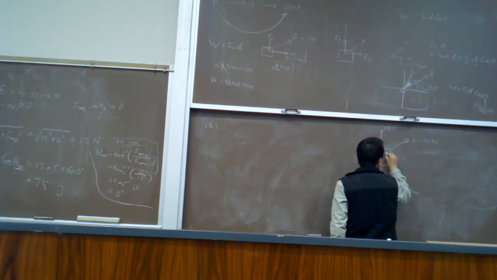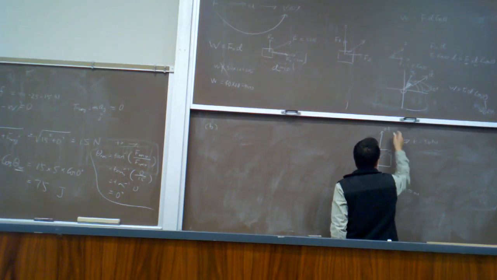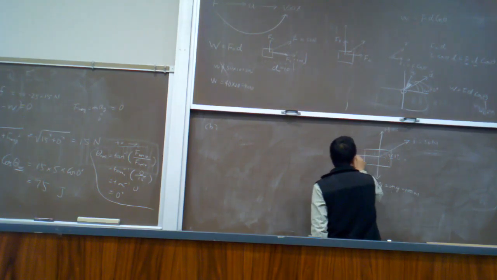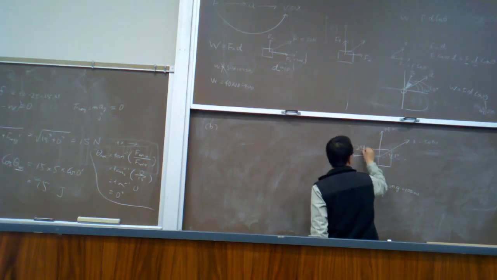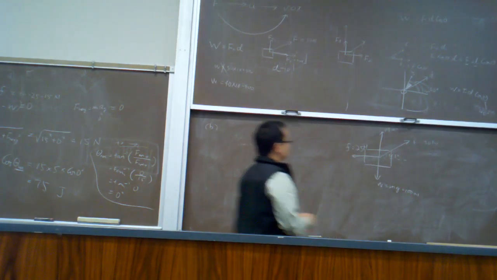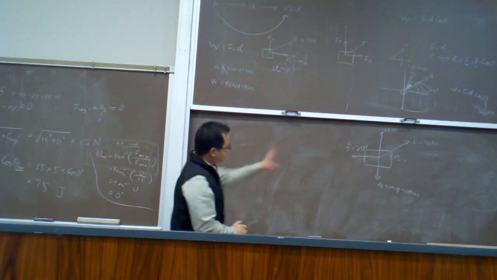The angle of F is 36.9 degrees. You have N, we don't know what that is. Frictional force is 25 Newton. So that means you have four forces.